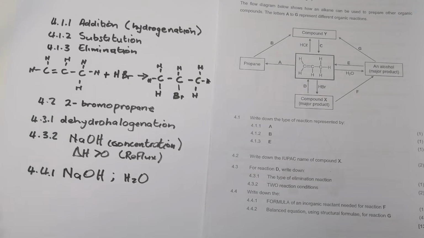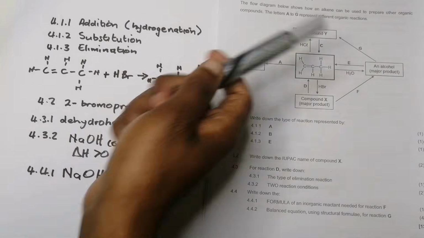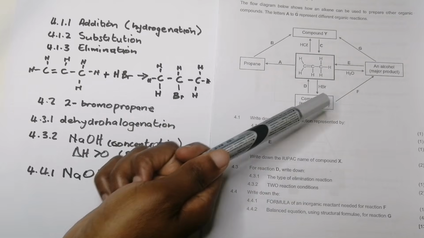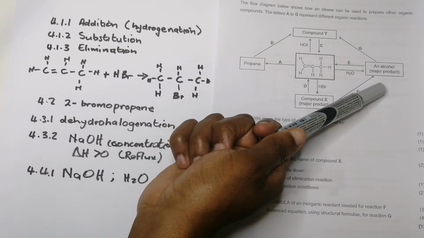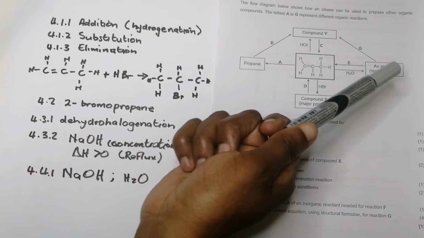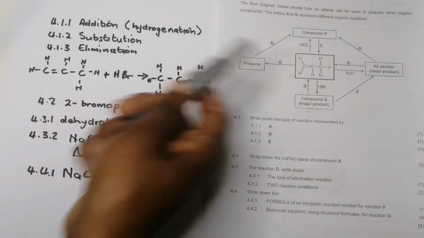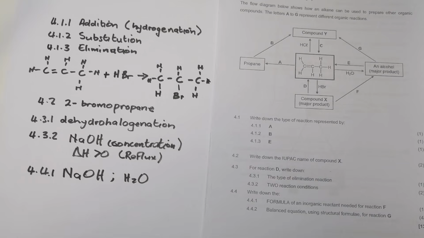And then the last one, they say write down the balanced equation using structural formulae for reaction G. So in reaction G, we are moving from that alcohol. Remember in reaction F, we would have formed that alcohol, so that would be 2-propanol, or you can say propan-2-ol.